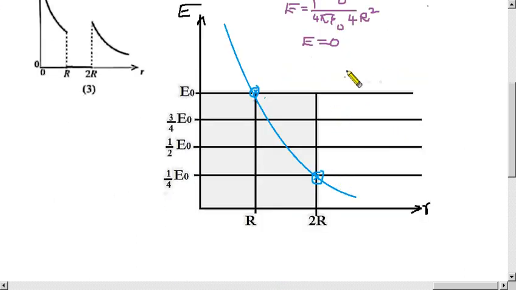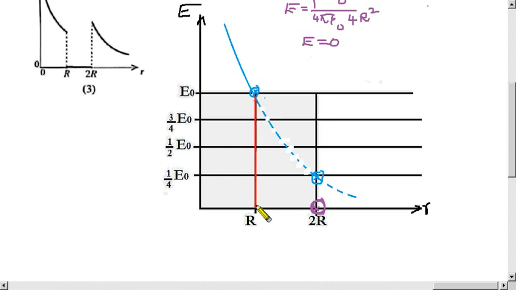Therefore the point we have to mark is at the distance 2r, using purple color, here 2r. Then this part is not valid, only this part is valid, because now we have considered both charges. So the final graph is like this.